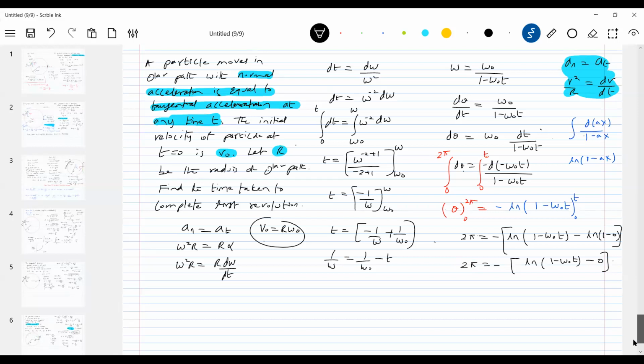So the further simplification of this will be minus 2 pi equal to log of 1 minus omega naught t, this log I'll send on to this side. This will become exponential.